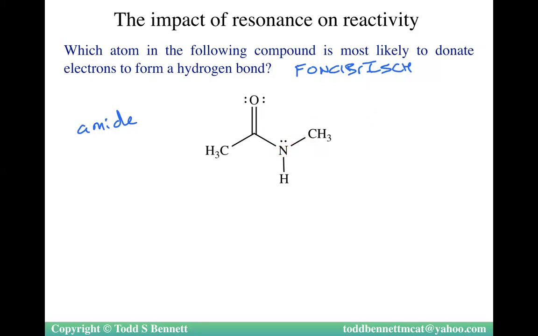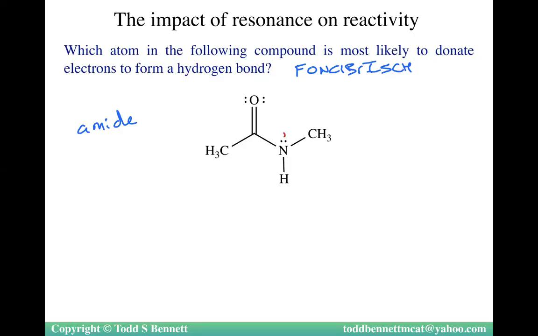So the lone pair would go into hydrogen bonding. That's if I completely ignore the impact of resonance. So nitrogen is more electron donating than oxygen because it's less electronegative. That's my first thought.